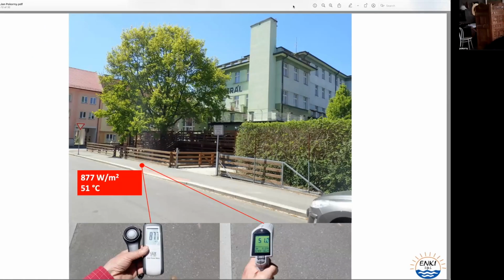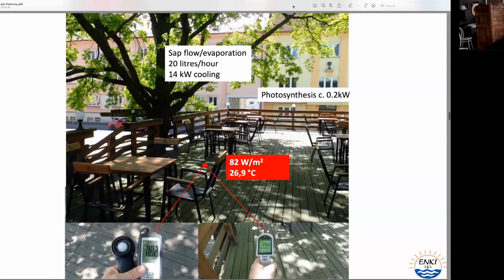Let us have a look at a tree in the city. We measure with a simple device, which is quite correct, 877 watts per square meter, and surface temperature 51 Celsius. The instruments are quite cheap. Now we go, next one, now we go under the tree. The amount of incoming solar energy is 82 watts per square meter, and the temperature is 27 degrees, 25 less.